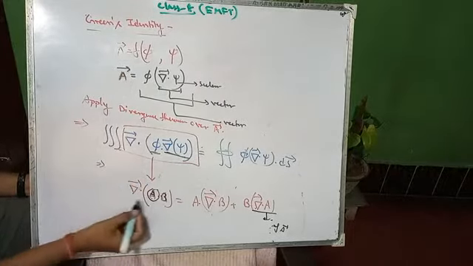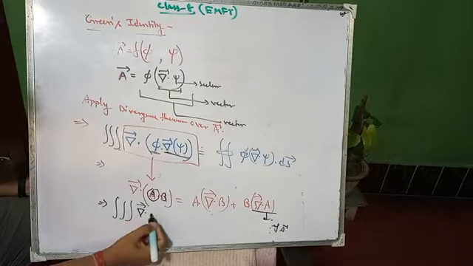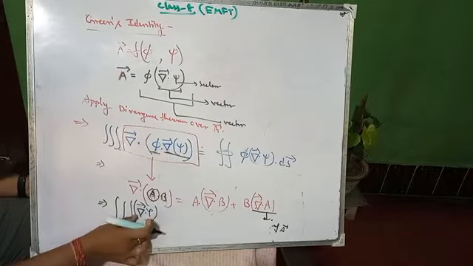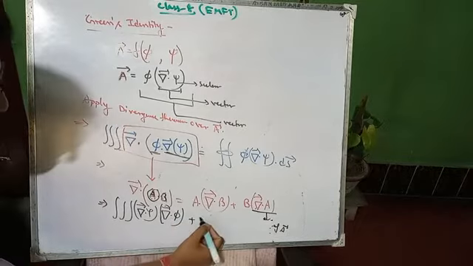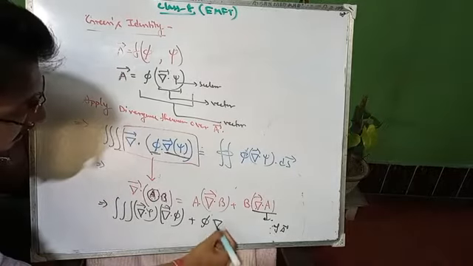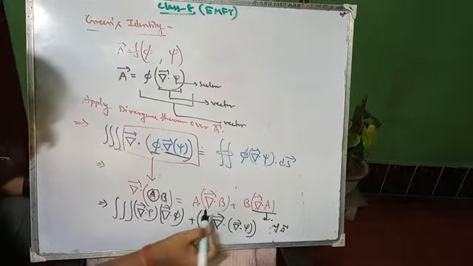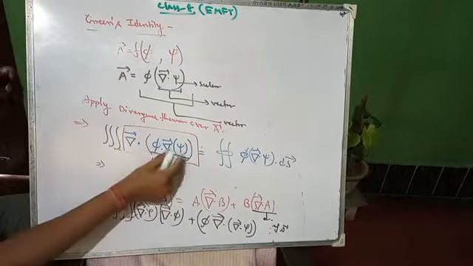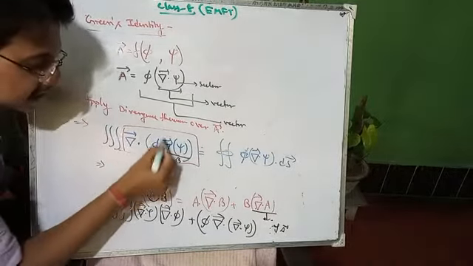So if we apply this concept over here, then what happened? The triple integration of, taking psi's gradient outside and grad of phi over here, plus phi taking outside as common and divergence of grad of psi. If we break it into two parts, this is your A and this is your B. A is a scalar and B itself is a vector.